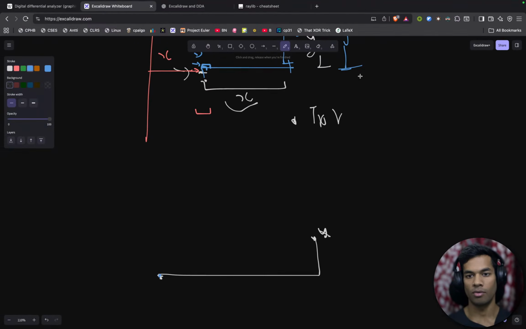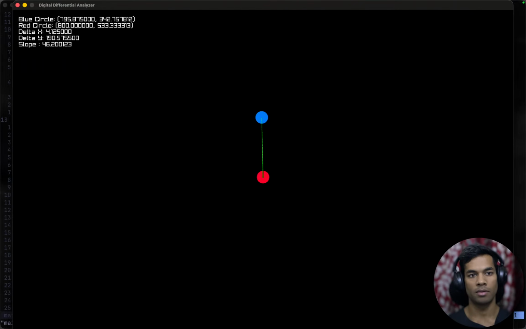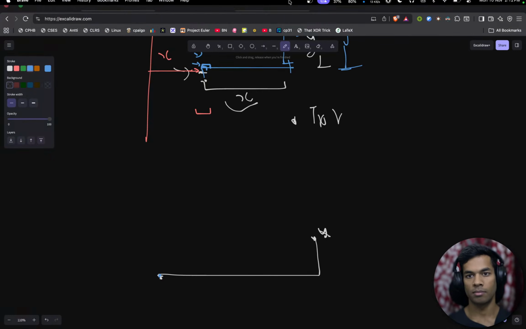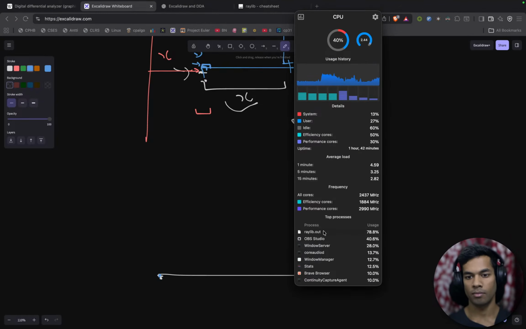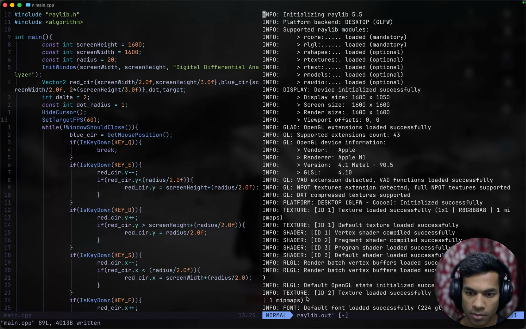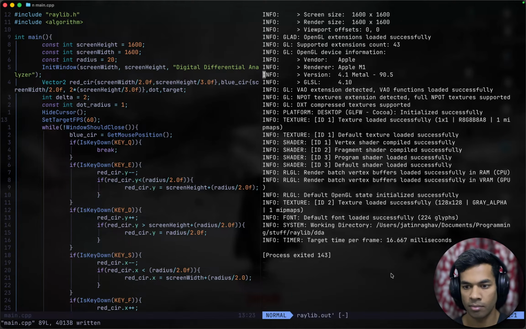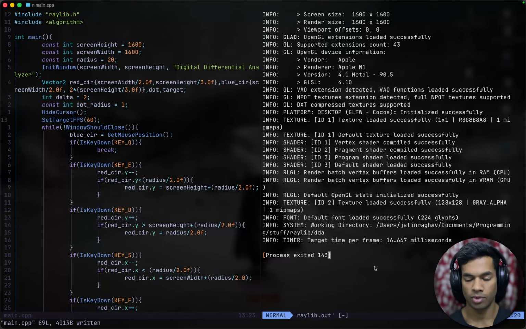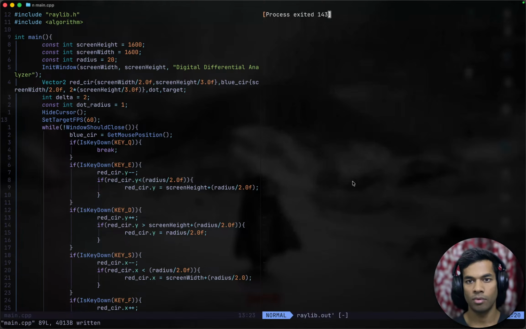Okay, the logs. Texture loaded successfully. Shit, there is no error. Okay, everything seems to be fine here. Info and nope.